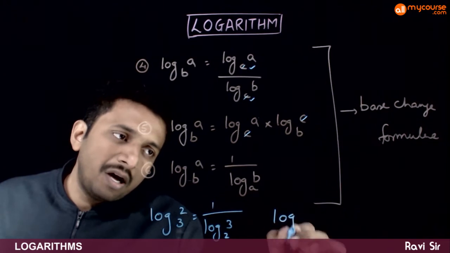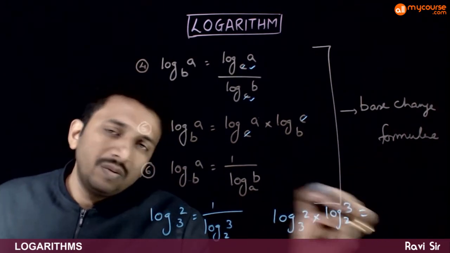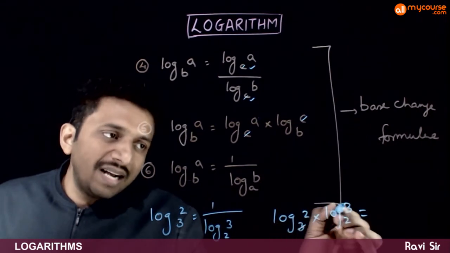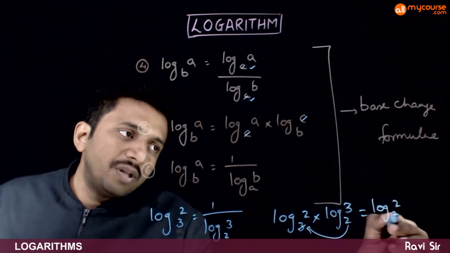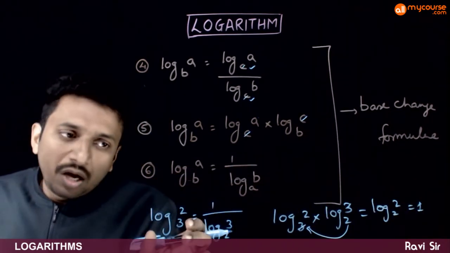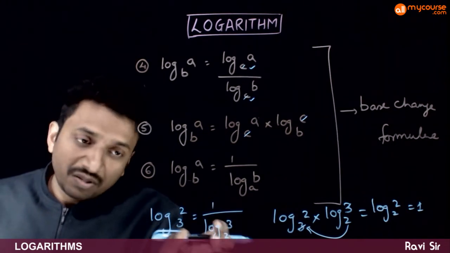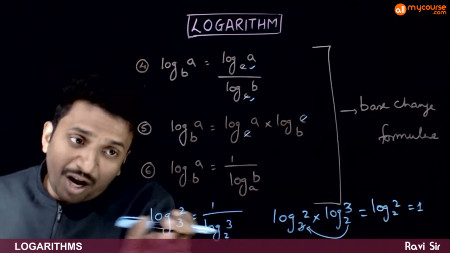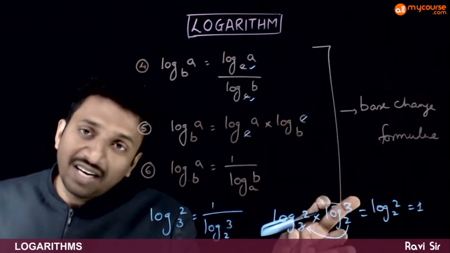And if you want log 2 to the base 3 into log 3 to the base 2, this 3 and this 3 get cancelled and 2 comes here. It is the same as log 2 to the base 2, which is equal to 1. So log 2 to the base 3 is equal to 1 by log 3 to the base 2. And if you cross multiply this, log 2 to the base 3 into log 3 to the base 2, this 3 and 3 get cancelled.